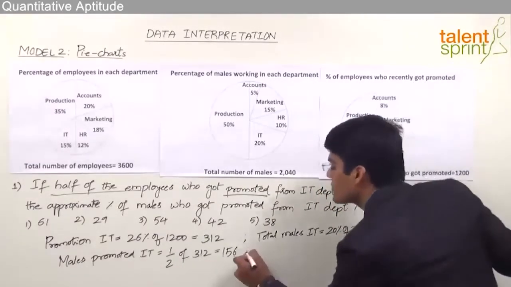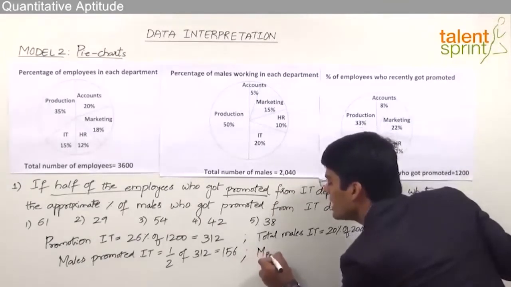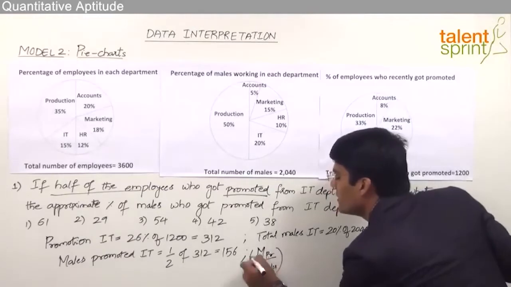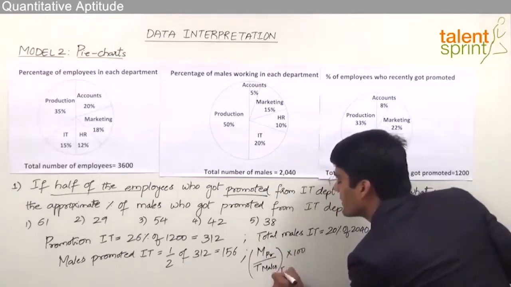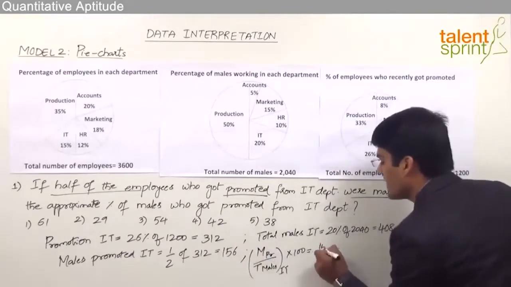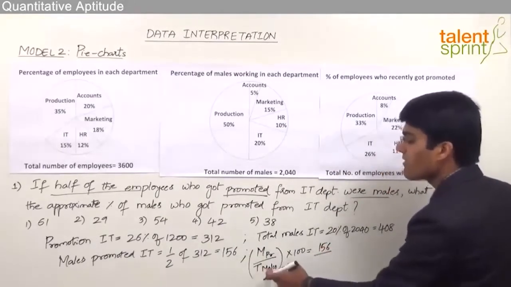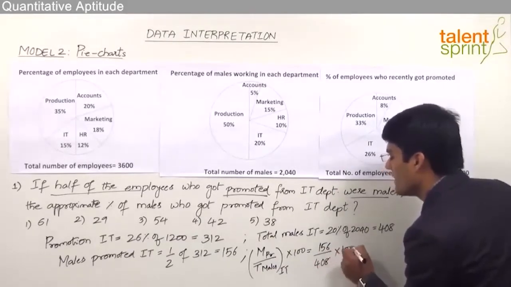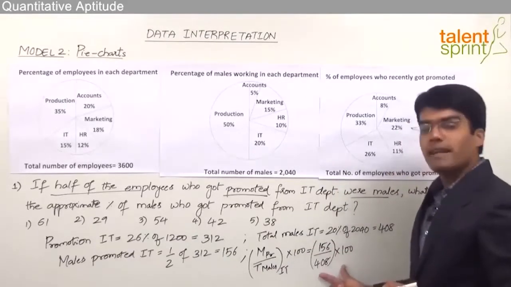So our final answer here should be males who got promoted from IT department by total number of males into 100, and this is for IT department. So this can be taken as males who got promoted is 156, 156 divided by total number of males in IT department, 408, into 100. So by simplifying this, we can get the required answer.